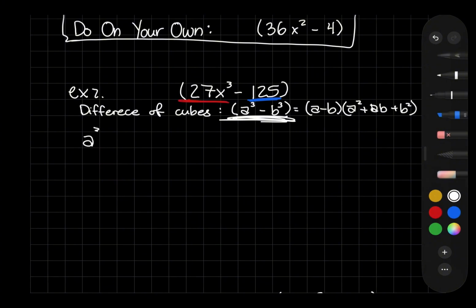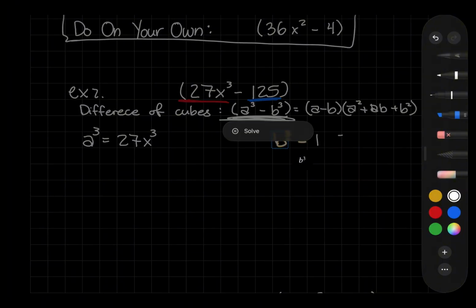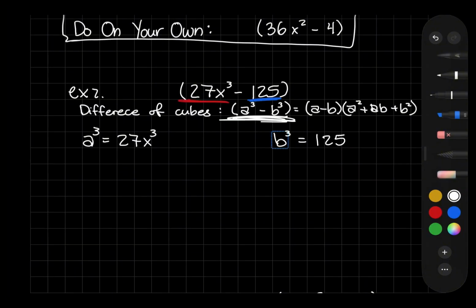A cubed is equal to 27x cubed, and my B cubed is equal to 125. All right, we know how to do square roots, but we can also do cube roots. Once again, this is something we learned about in a previous unit.